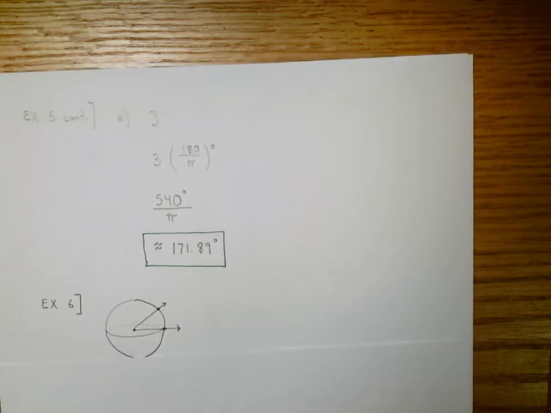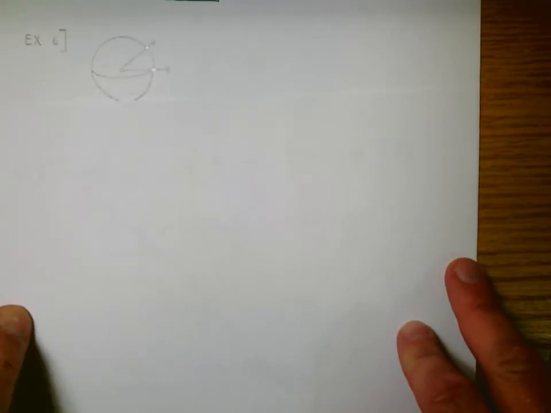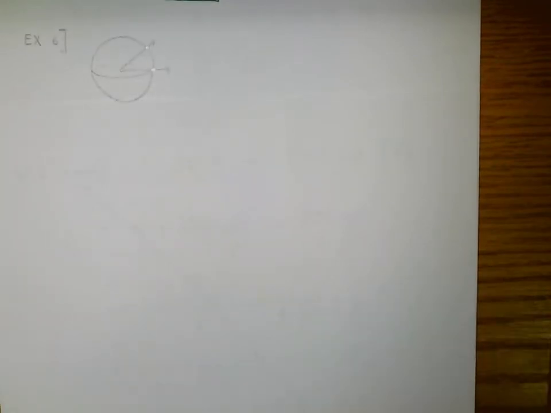All right. Example 6 is going to get us into some pretty cool connections between trigonometry and the world around us. Okay? Here we're going to look at latitude and longitude. And you guys have probably studied latitude and longitude in a geography class, but here we're going to learn about it from a math standpoint. We're going to actually learn what the numbers mean.